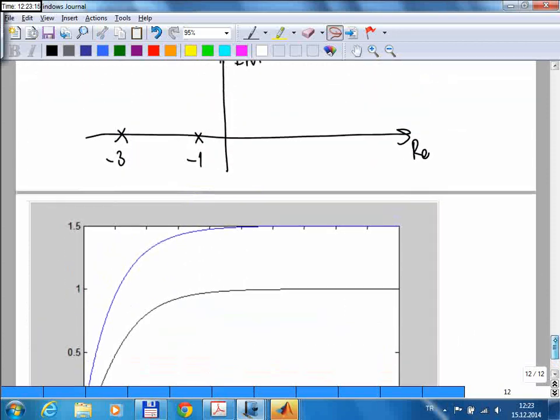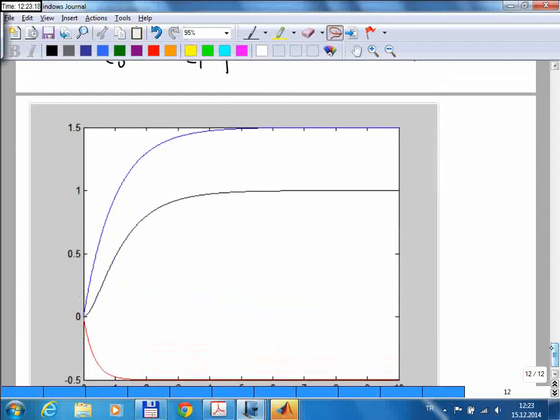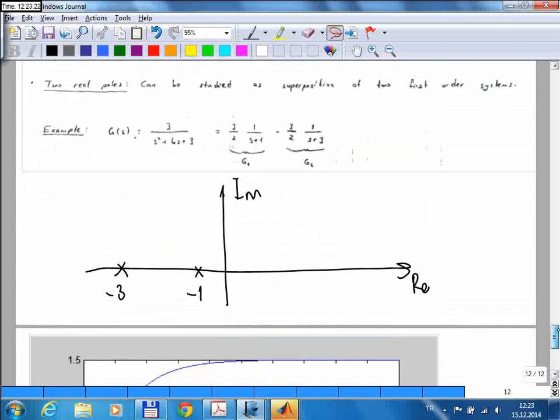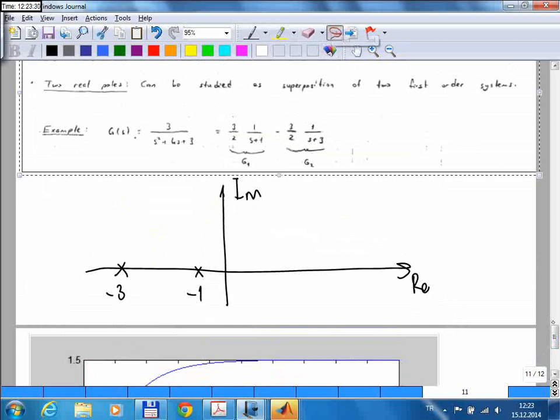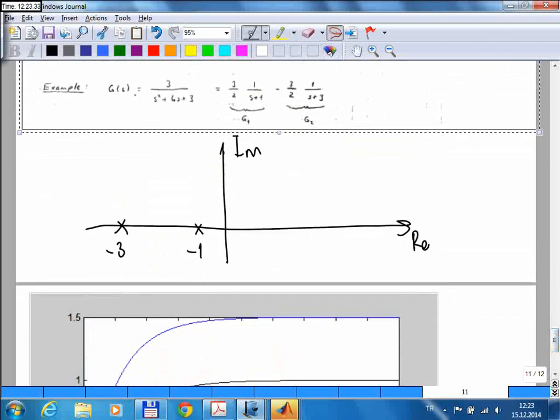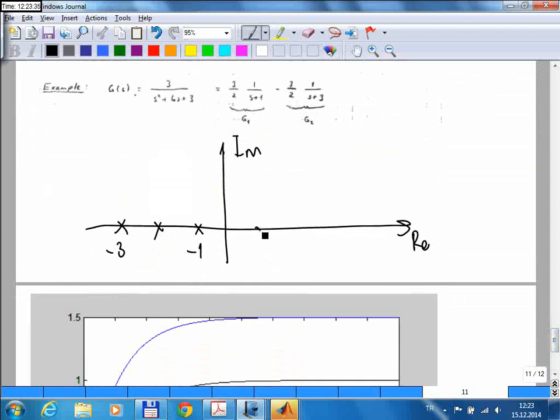In fact, from here we can also conclude on the stability and the dynamics of the system if it has n real poles. So you can add more poles here. You can have another pole here, another pole here, another pole here. Then it will be just the same. We need to have all these responses together.